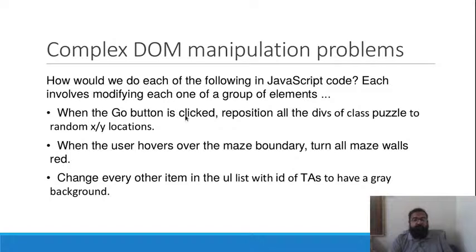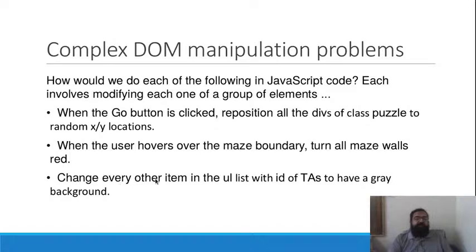And when the go button is clicked, you have to reposition all the divs of the classic puzzle to random xy locations. Okay, so that's a complex DOM manipulation problem. When the user hovers over a maze boundary, turn all maze walls red. Okay, so that's again a complex DOM manipulation problem, because you are modifying a group of elements.